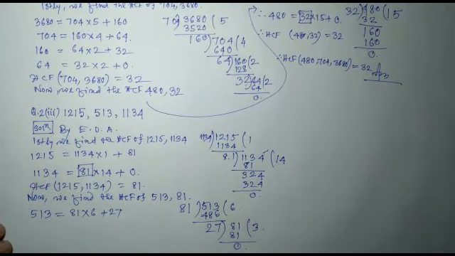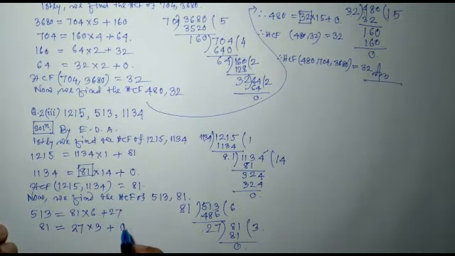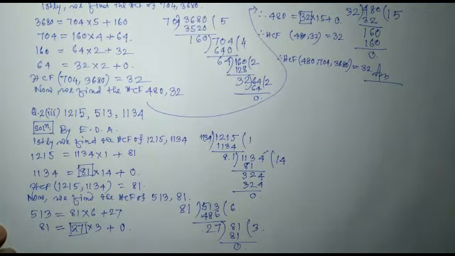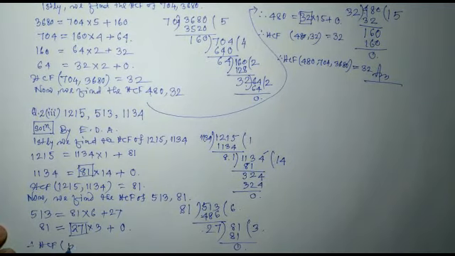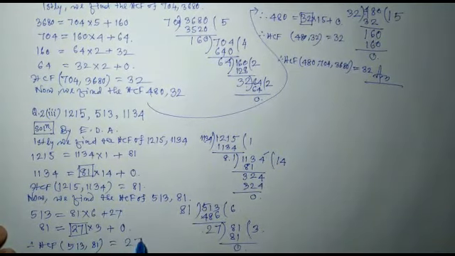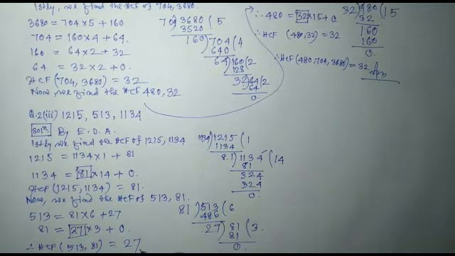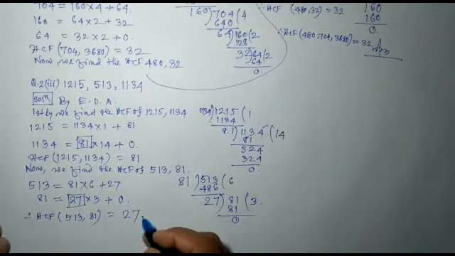So we can write here 81 is equal to 27 into 3 plus remainder 0. As the remainder is 0, so this will be our H.C.F 27. So we can write here, therefore H.C.F of 513 and 81 is equal to 27, and this will be the H.C.F of all the three numbers.